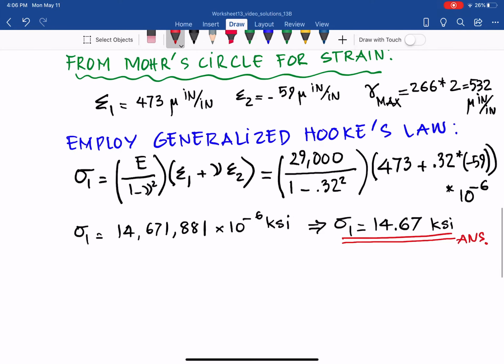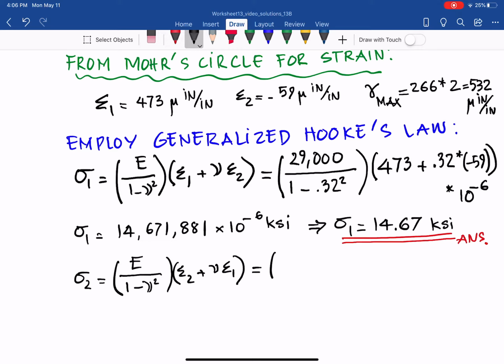And of course, just keep continuing. We can find out sigma 2 with the equation flipped. Epsilon 1 becomes epsilon 2 and vice versa. So you have E over 1 minus nu squared, epsilon 2 plus nu epsilon 1.